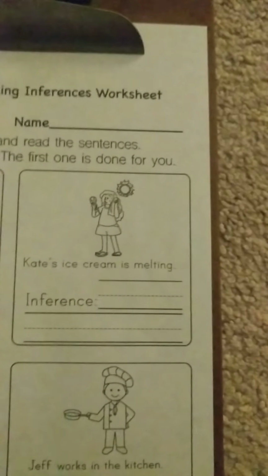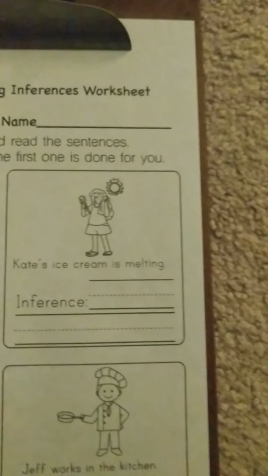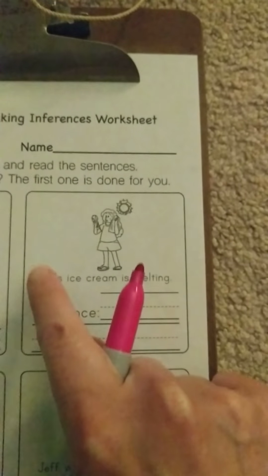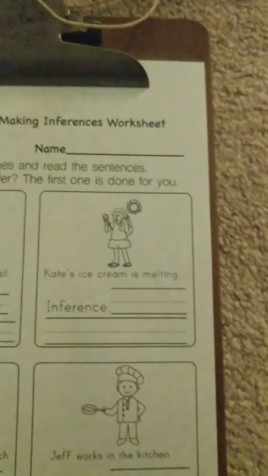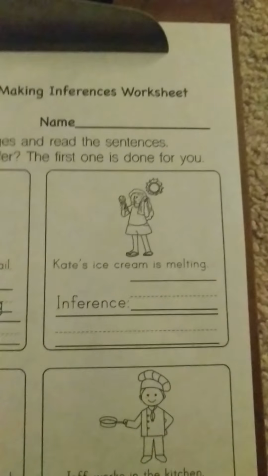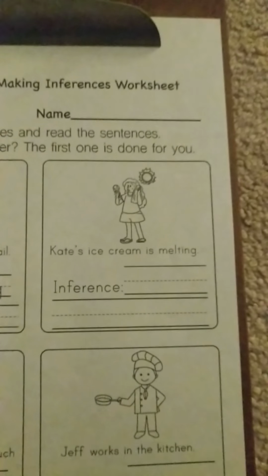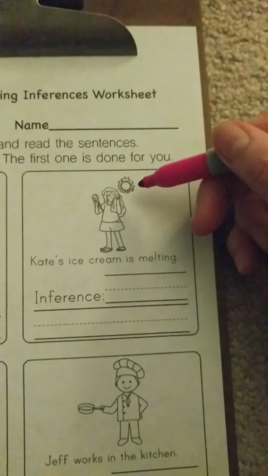Okay, let's look at this next one. It says, Katie's ice cream is melting. So I know that melting means to get soft. And I know that things often get soft when they're near something that's hot. Oh, look, in the picture, there's a sun.